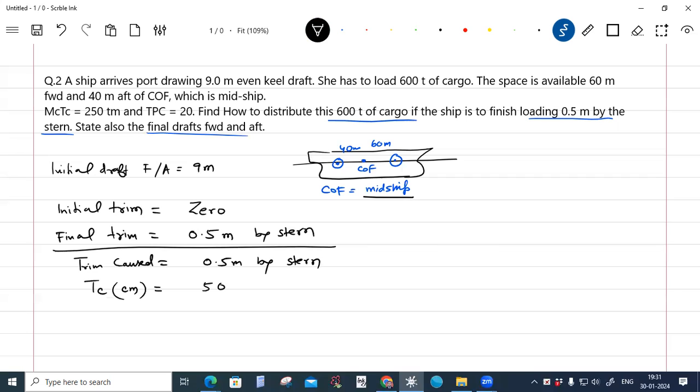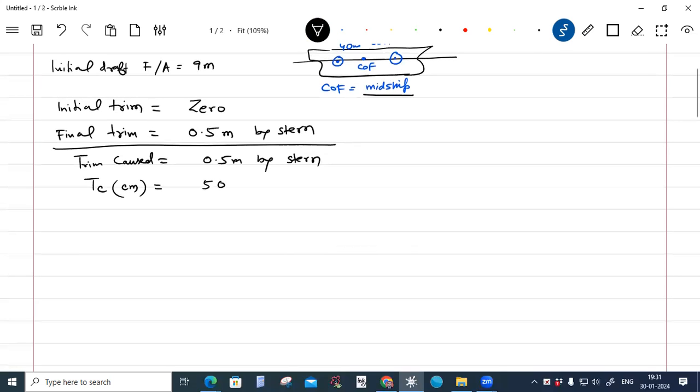Now, what is the relationship between trim caused and trimming moment? Trim caused is nothing but trimming moment upon MCTC.